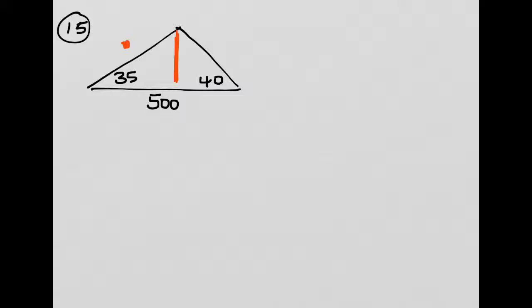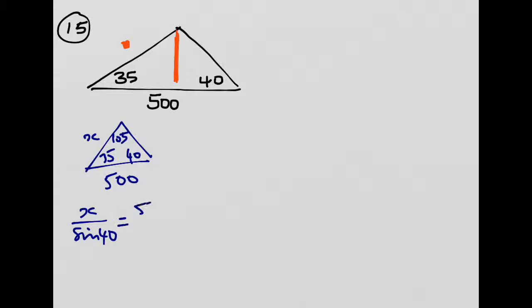The triangle we had to start off with was 500 here, this is 35, this is 40. Because we know the three angles in a triangle add up to 180, this one up here must be 105, and we're trying to calculate that side there. So x over sine 40 equals 500 over sine 105.